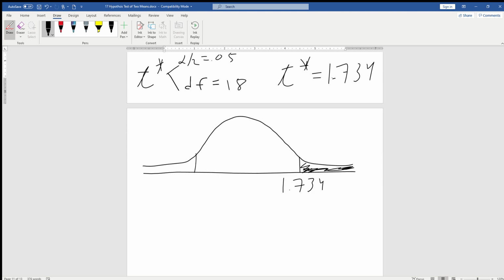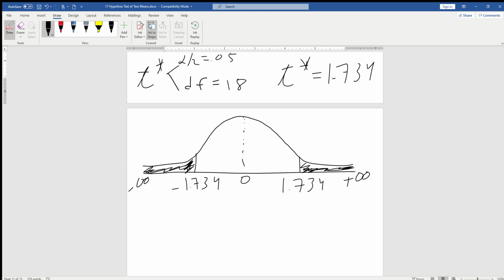The left tail is negative 1.734 for the cutoff. Range of values, same as when they're unknown and equal deviations, negative to positive infinity, and directly in the middle of the graph is 0.